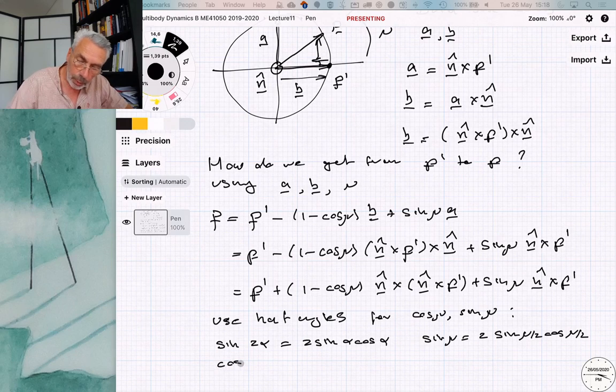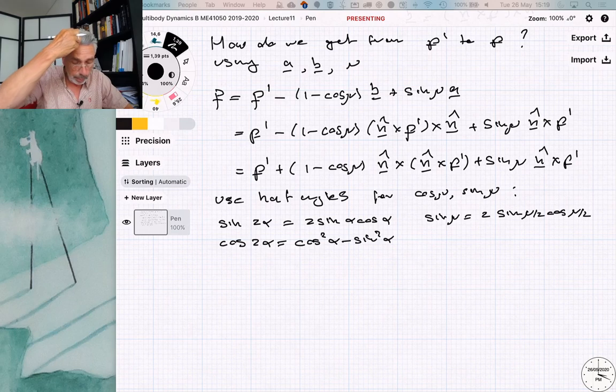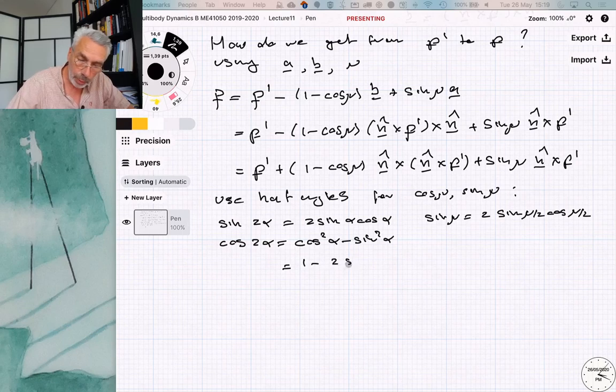Well, we know cosine 2 alpha is cosine squared alpha minus sine squared alpha. That's what I remember. And of course we can write that, with the cosine squared and the sine squared, as 1 minus 2 sine squared alpha. And then we can recast it, because here we have a cosine and here we have a 1.